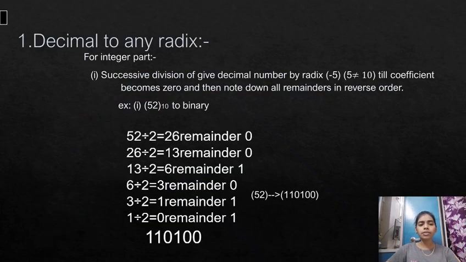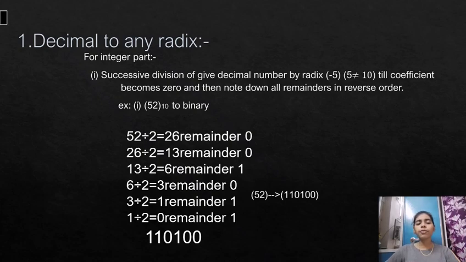Now we discuss decimal to any radix. For the integer part, do successive division of a given decimal number by the radix till the coefficient becomes 0, and then note down all the remainders in reverse order.